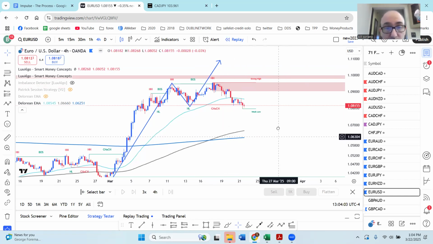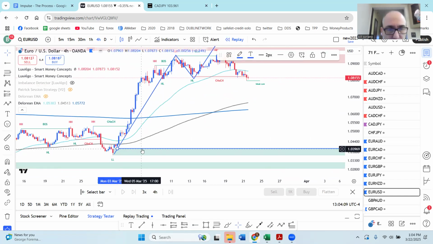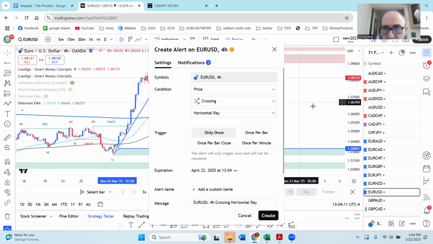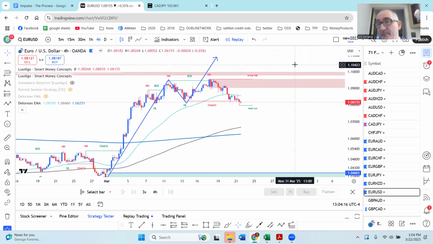So right now, we're waiting for price to come all the way down to here. So let's make sure we have an alert set right here. And, you know, if you would have taken this trade because the indicators did give you that indication, then you would have lost that one. You would have had a 1% loss. Okay. So had you taken that, remember we had about a 2.2% gain in GBP/AUD.